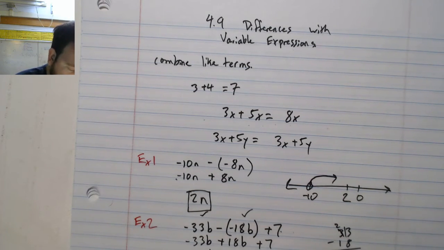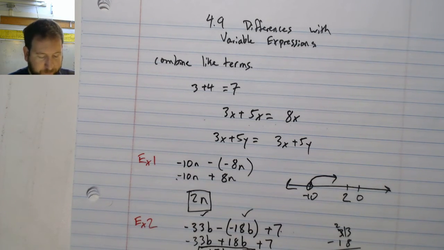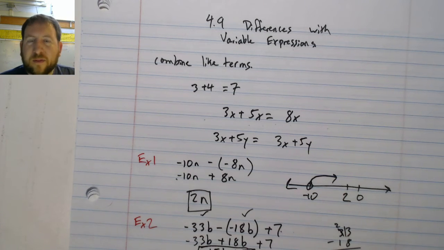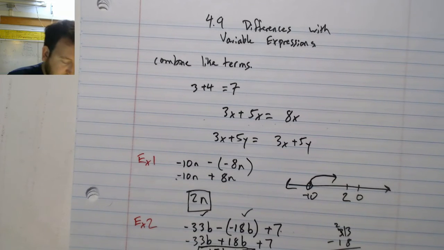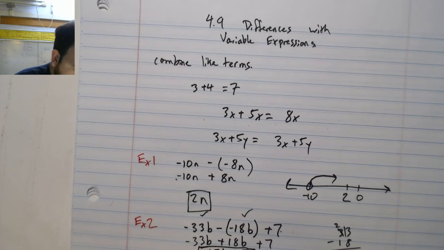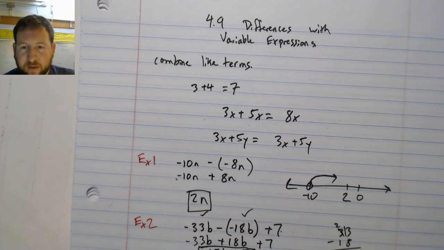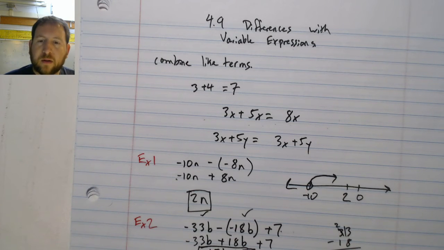So I'm going to end up with a negative 15b plus 7. And that gets me to my answer. Often these number lines are going to be the best way to think about how to do them. Example 3. All right. Simplify.